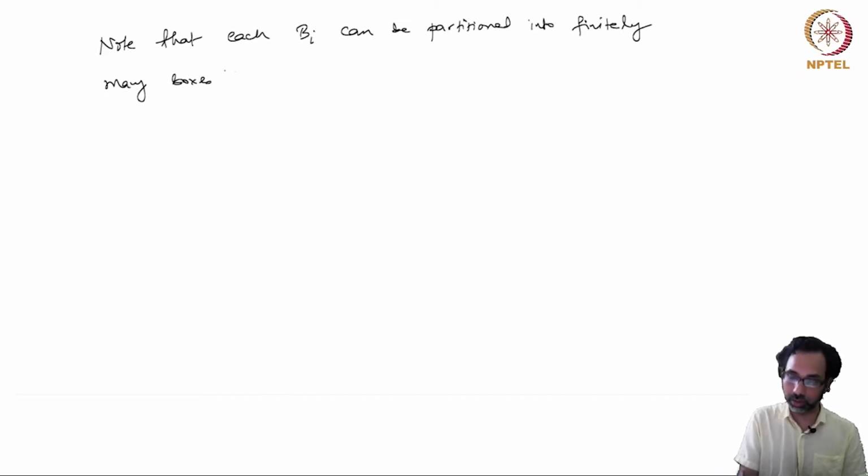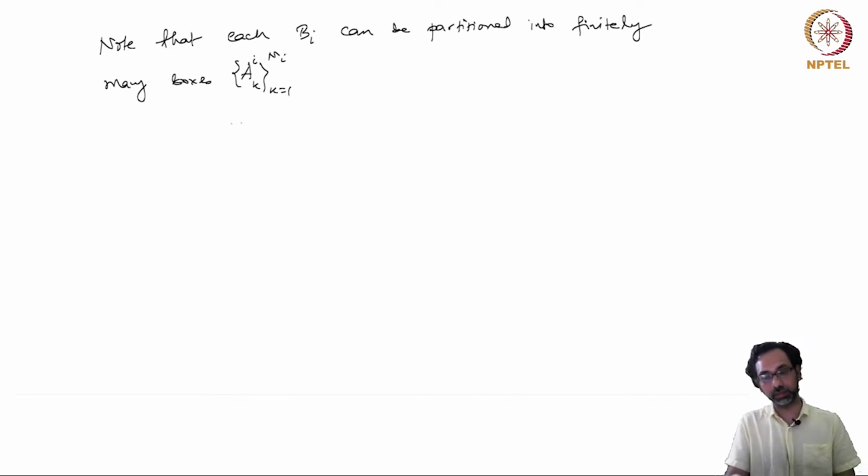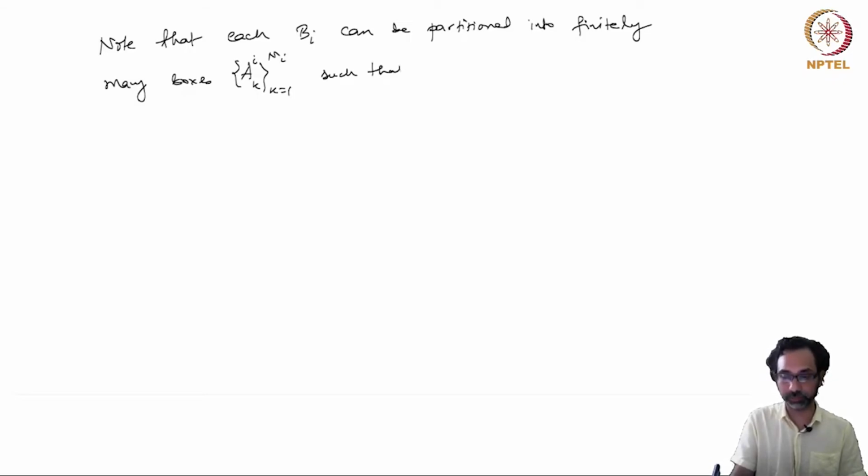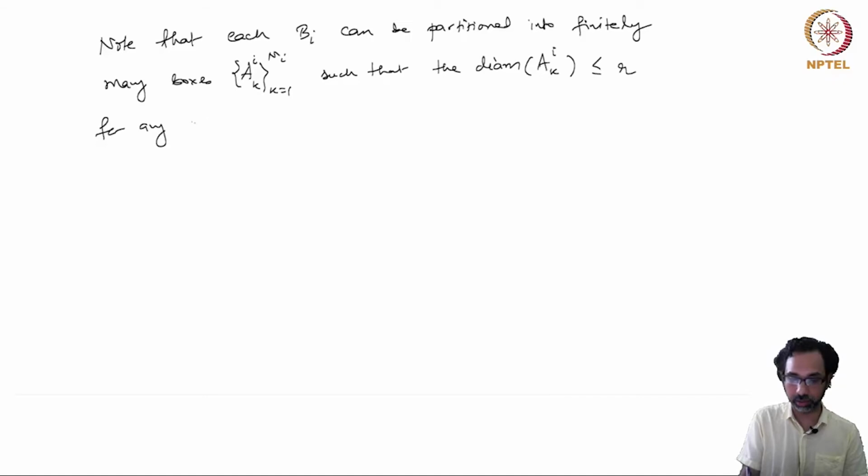boxes. Now let me give it a different name, Aki, k equal to 1 to Ni. So for each i we will have a partitioning of each box Bi into finitely many boxes such that the diameter of each Aki is less than or equal to R for any given R greater than 0.